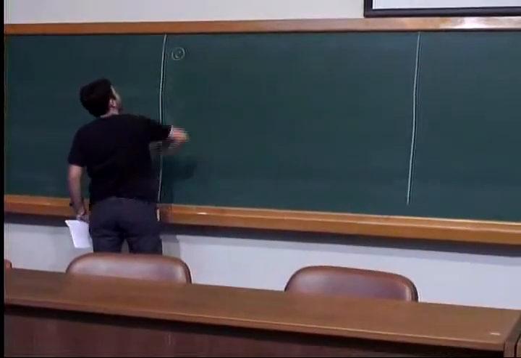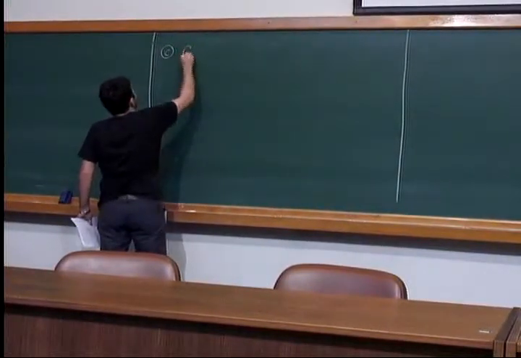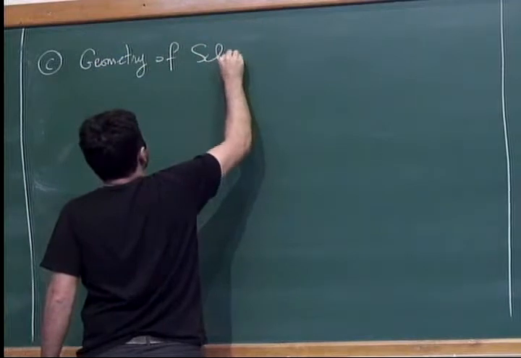So today I'm going to apply the Frobenius splitting method to the geometry of Schubert varieties.